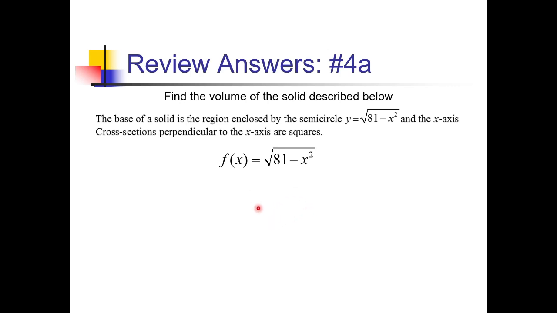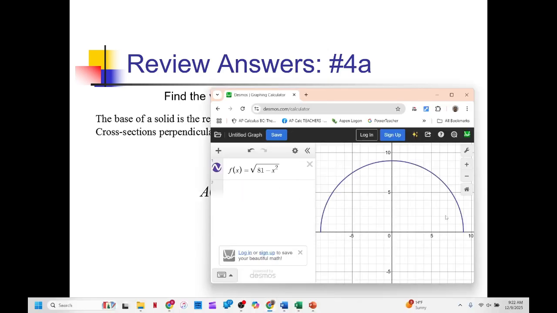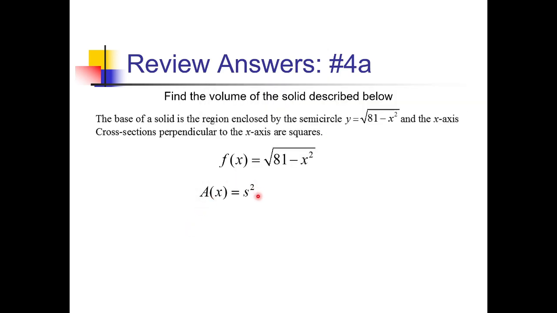In general, the area of a square is s squared. Now the base of the square growing out of here is the distance between the semicircle and the x-axis, so it is just this f of x function. So instead of s squared, I can really just say f of x squared. There's my area formula.